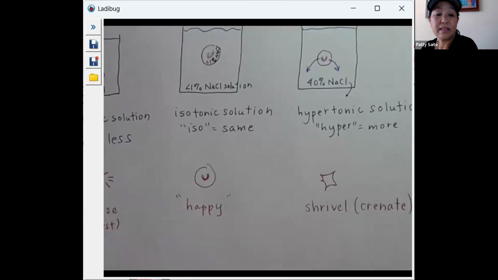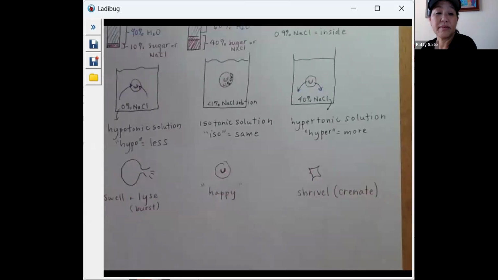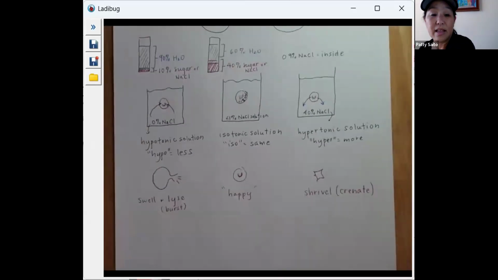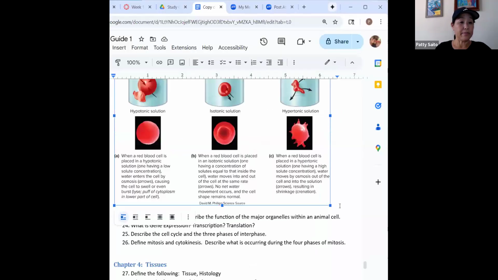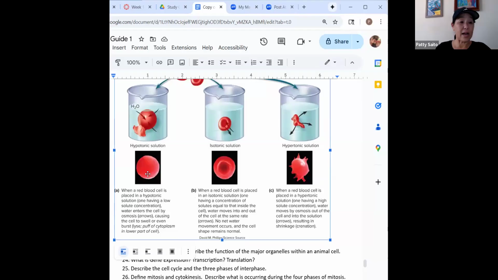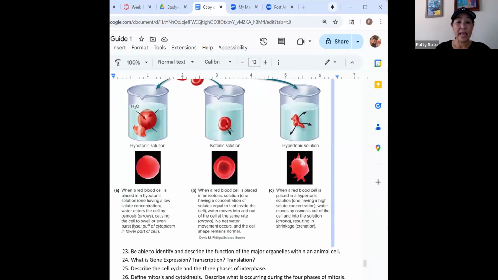Maybe I'll do this so you can get a whole picture. Very good. So let's go back now and take a look and fill this in. I hope this makes sense now, what the shape of the red blood cells are going to be like.